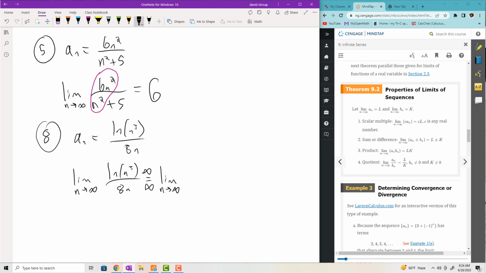This will be 1 all over n cubed times 3n squared all over 8. Rewriting that a bit, the n squared over n cubed is just 1 over n, and then you have an 8 also in the denominator once you simplify. And then this will go to 0. So both of these are convergent, by the way.